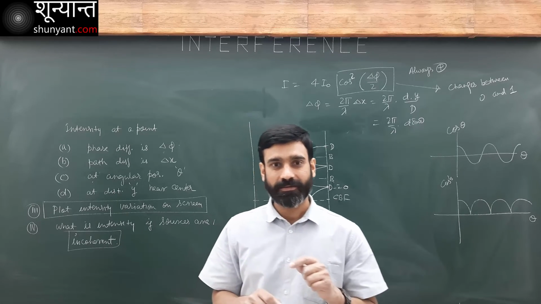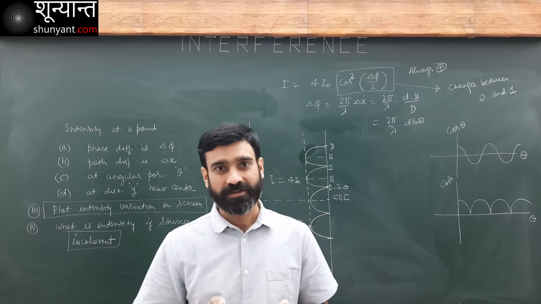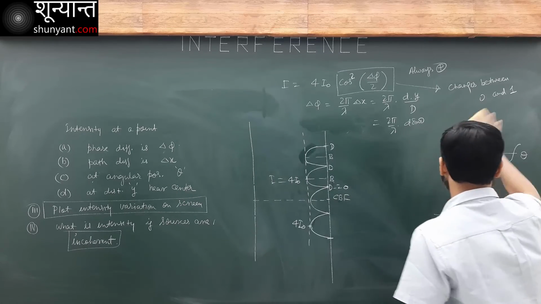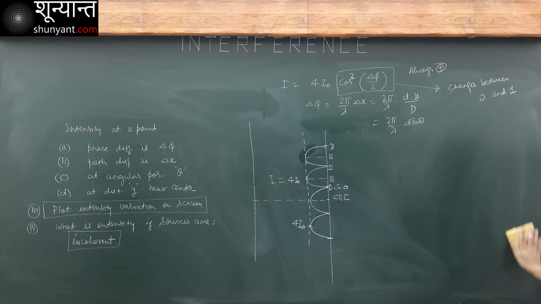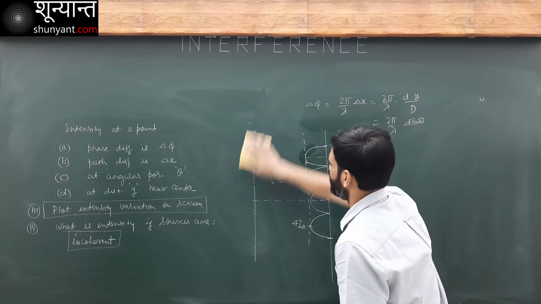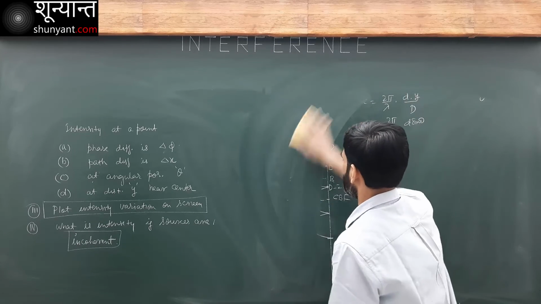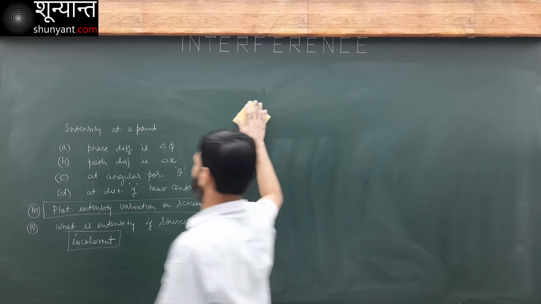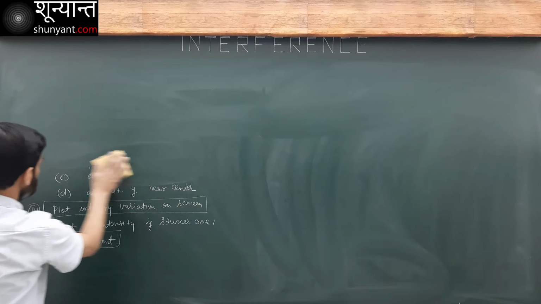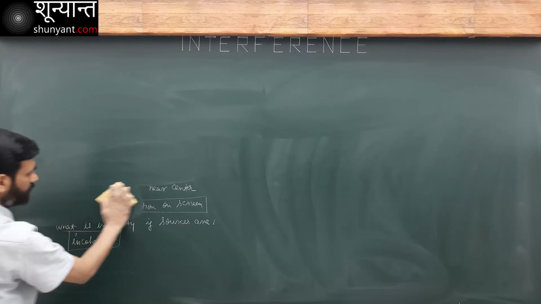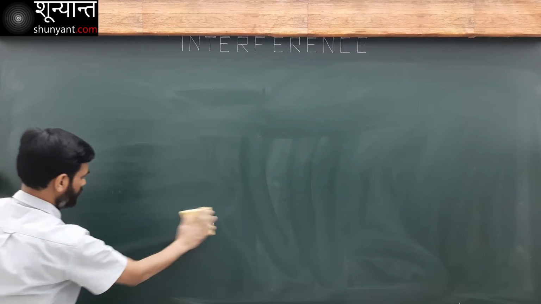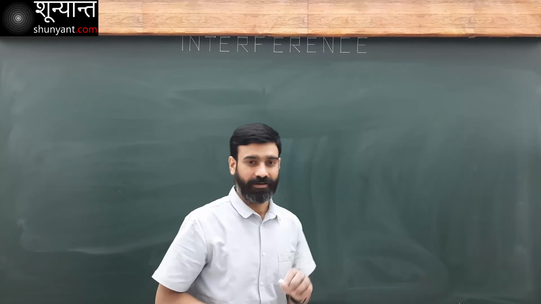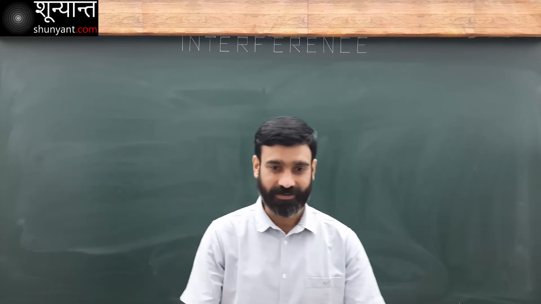In that case, will there be interference? What would you answer? If sources are incoherent, will there be interference?